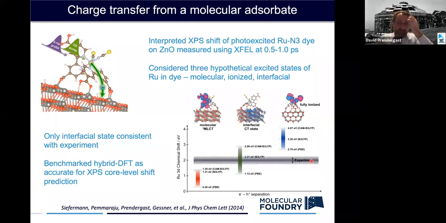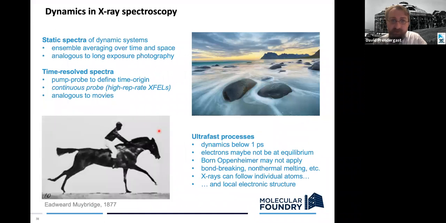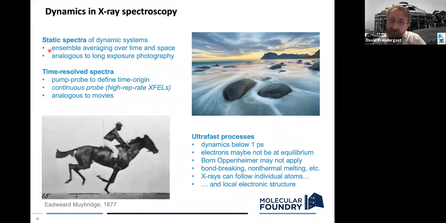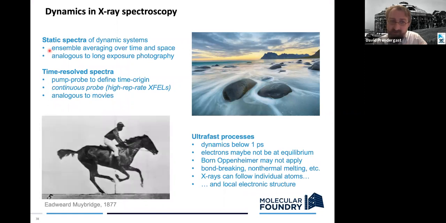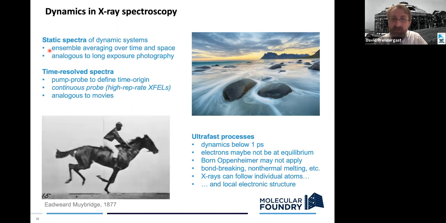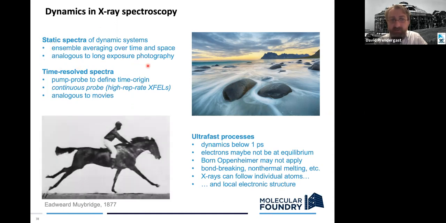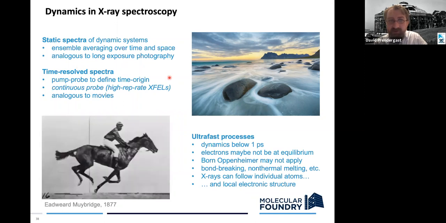So this is just an indication that we could use excited state electronic structure to mimic dynamic effects, but it gets better. So if we think about the fact that, yes, X-ray spectroscopy, the individual excitations are fast enough to see dynamics, then static spectra are doing something equivalent to what's called long exposure photography.